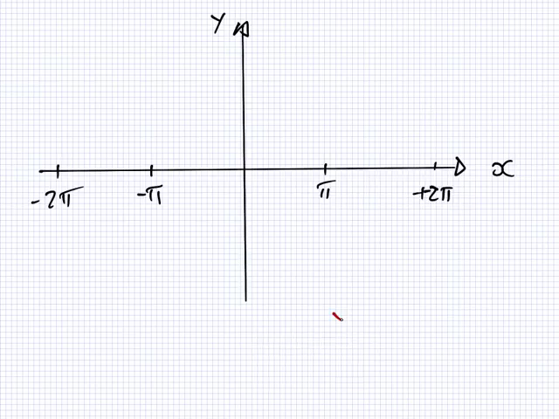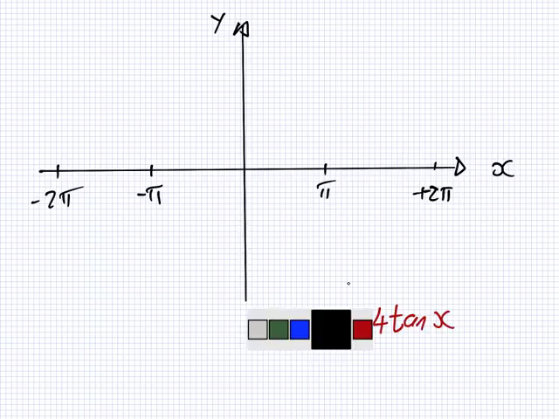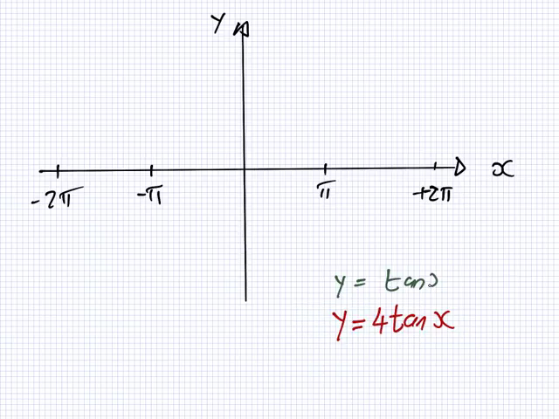Y equals 4 tan x. Actually, even before I start, I'll put down y equals tan x to get us started. This here is pi over 2, 270 degrees. Okay, so in green, just good old tan x, which goes like this.